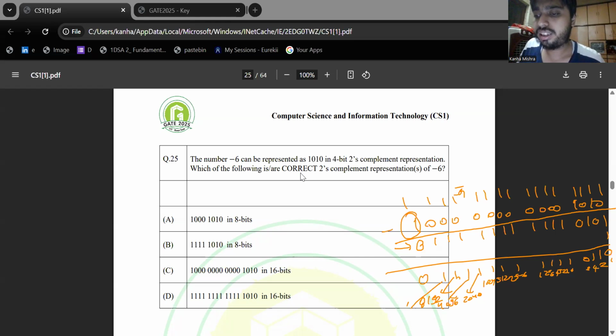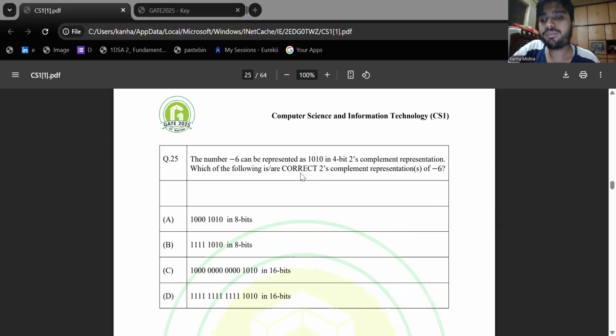If I double this, then it will be 16,384. If I add all the ones, if I start adding it, it will be a very big value. You can see that it is not matching. Anyways, option C is incorrect.